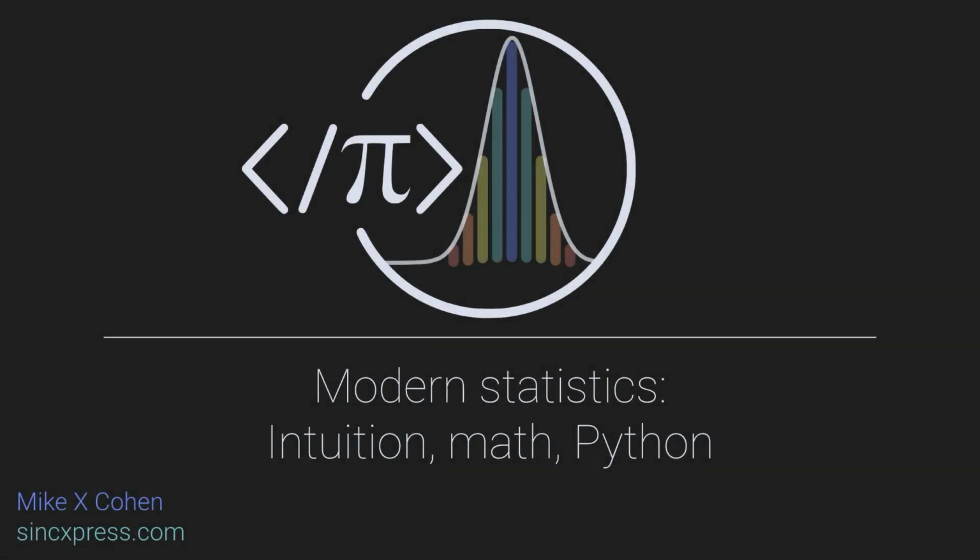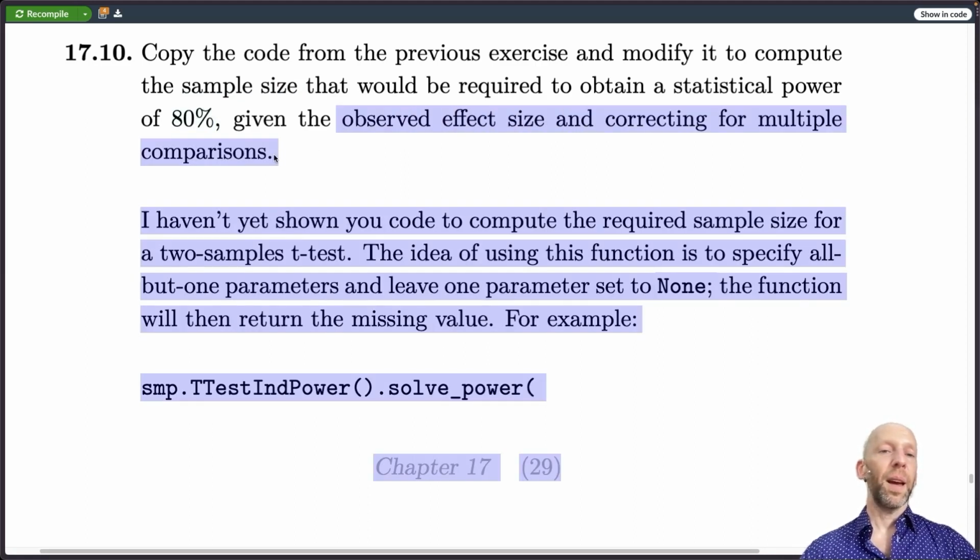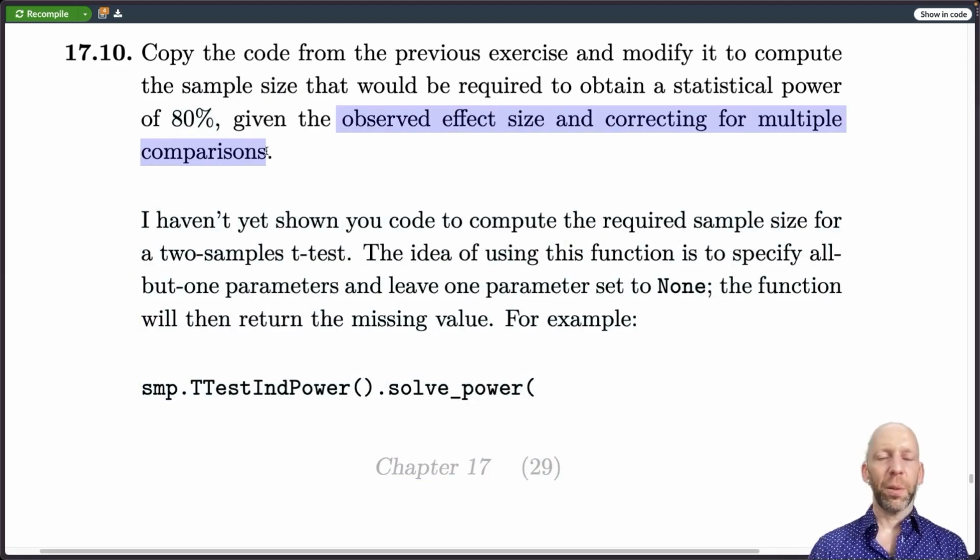Here is the video for exercise 10 of chapter 17. This exercise follows directly from the previous exercise, so make sure you've done that one before doing this one. Okay, so as I mentioned at the end of the previous video, what we want to do here is determine the minimum sample size that would be required to obtain a statistical power of 0.8 or 80%, given the observed effect sizes and the p-value threshold and so on, basically using all the data that we have from the previous exercise, which is a real data set.